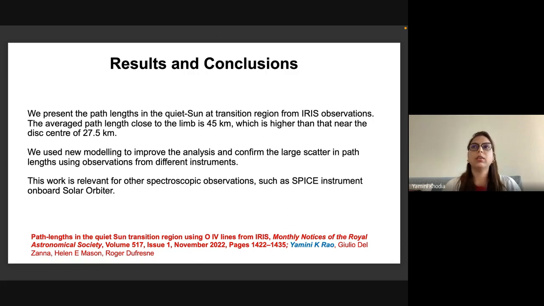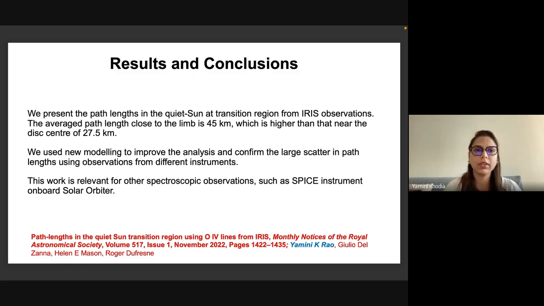But we also calculated these path lengths for a lot of other data sets, and we found that these calculations depend heavily on how you are calculating the path lengths, whether you take direct observations or use emission measures.